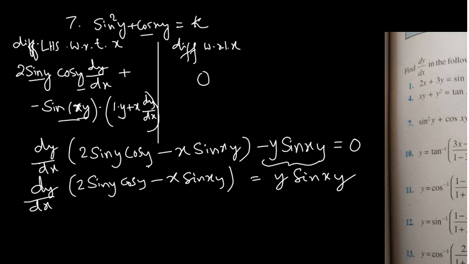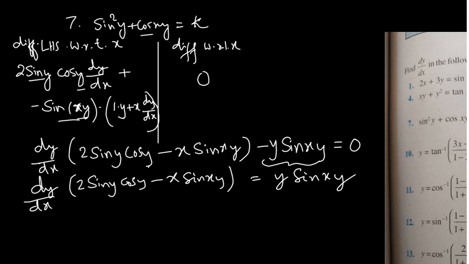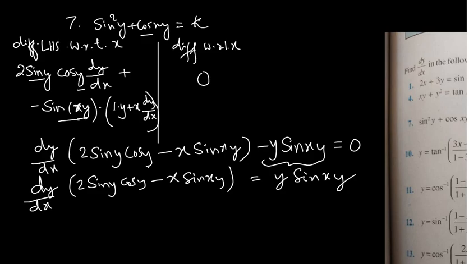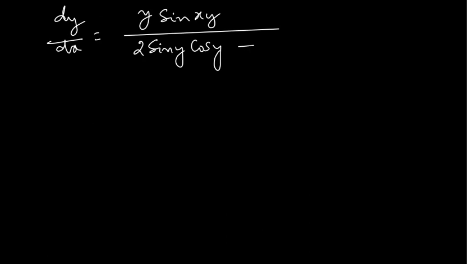Okay, so dy by dx equal to y sin xy divided by whatever we have here, 2 sin y cos y minus x sin xy.